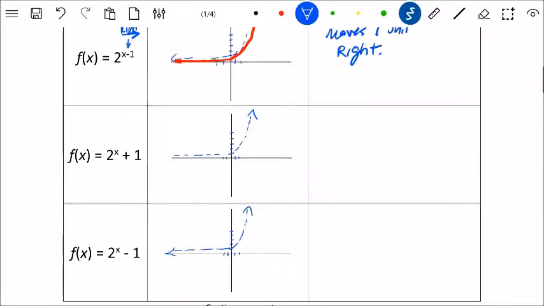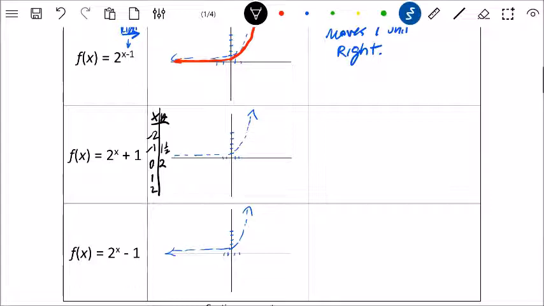And watch an x-y table for this. Okay, -2, -1, 0, 1, and 2. So at 0, 2 to the 0 is 1, plus 1, we're at 2. And then at -1, 2 to the -1 is 1/2, so it's 1.5.